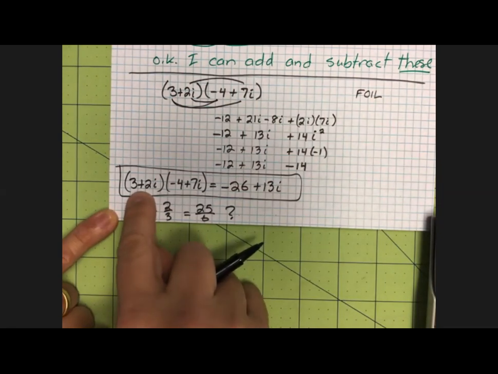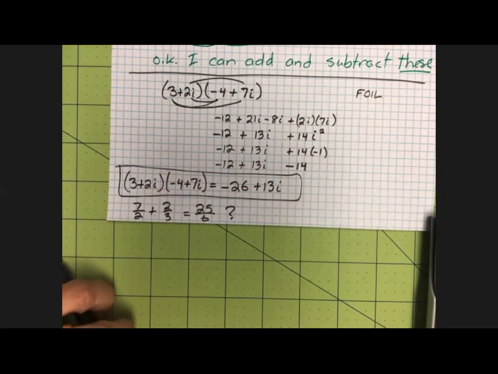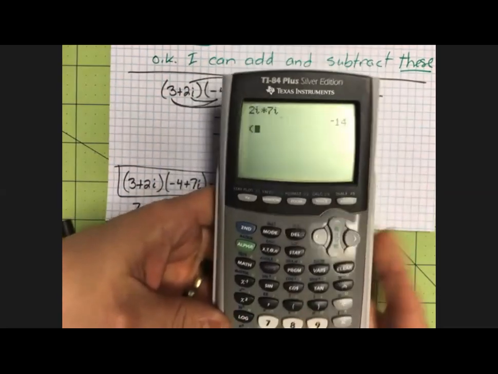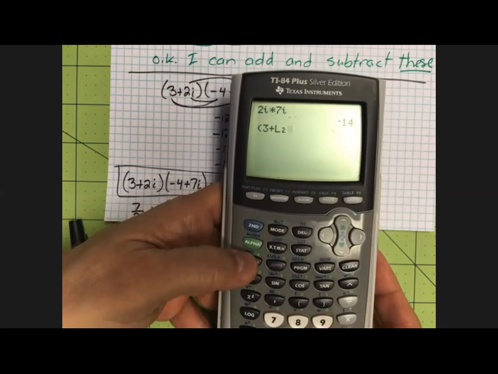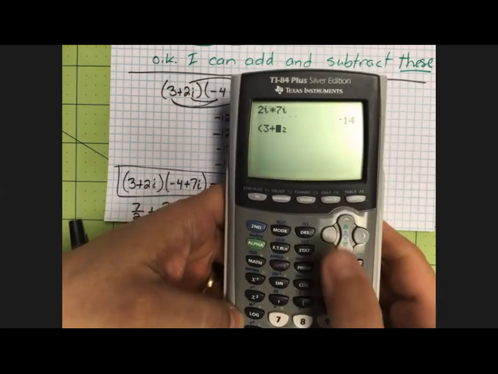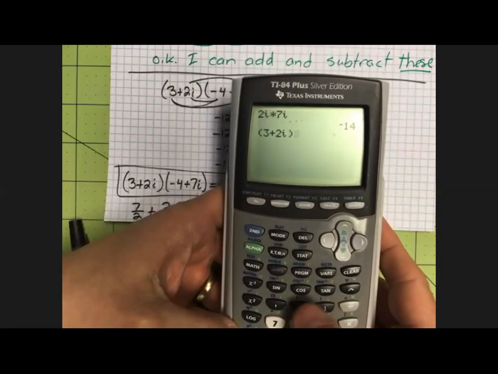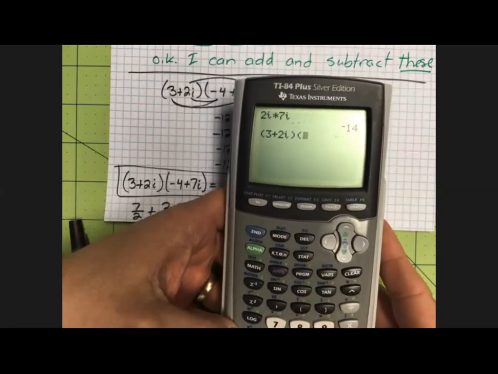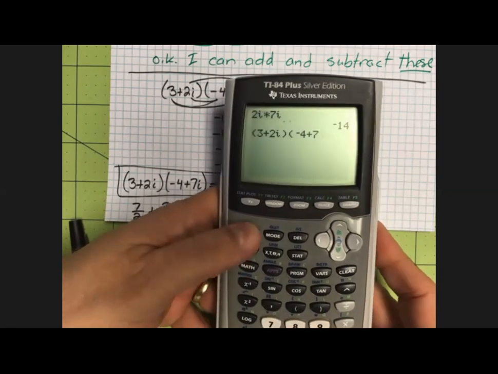So ask your calculator what 3 plus 2i times minus 4 plus 7i is. 3 plus 2i. Sorry, wrong button. 2i times minus 4 plus 7i.